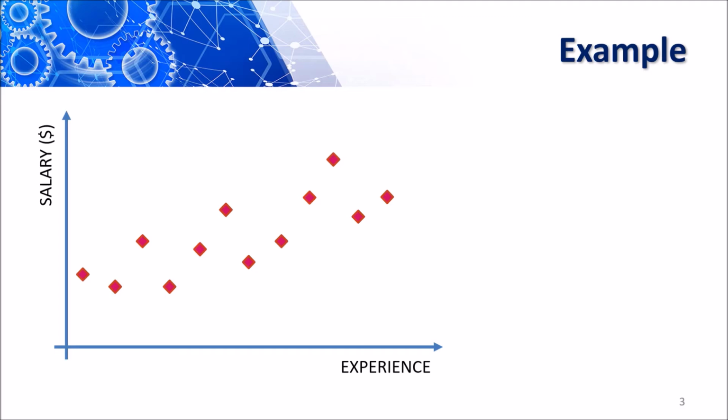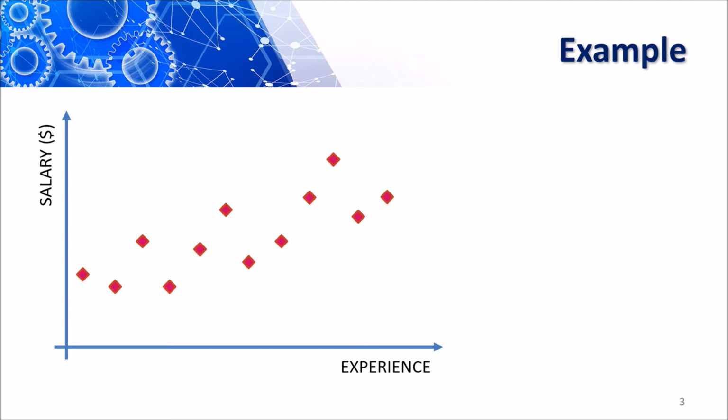Well, what we do in regression is we don't just come up with the theory, we look at the evidence, we look at the live hard facts. So here are some observations that we have. In a certain company, this is how salaries are distributed among people who have different levels of experience.